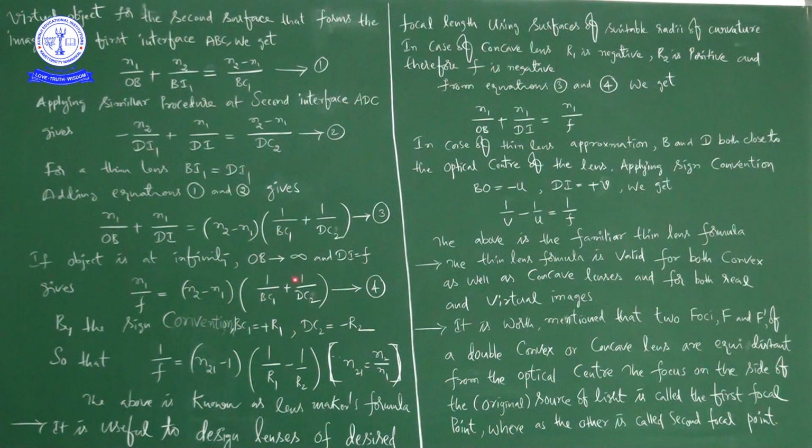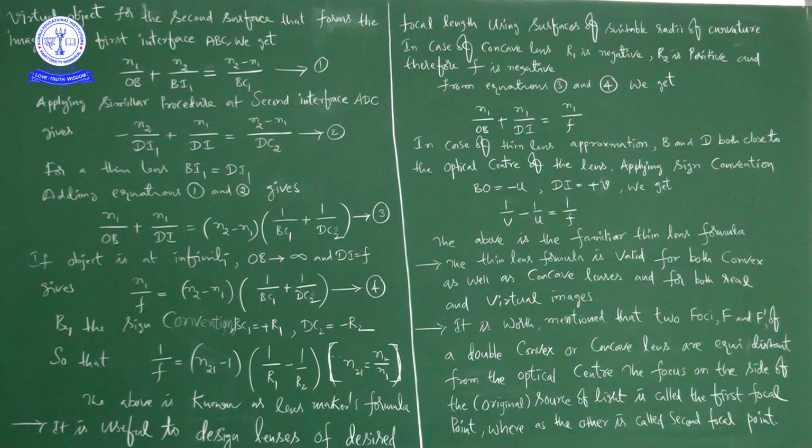The position of the object is not in our hands. Wherever you want, you can keep it, and wherever you want, you can focus. Suppose the object is at infinity; then we get paraxial rays. In case of paraxial rays, after refraction, all the refracted rays will pass through the focus.